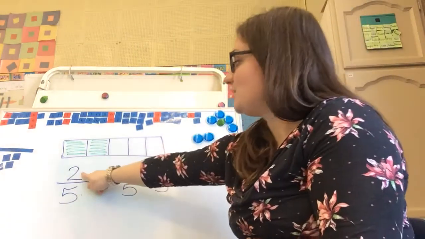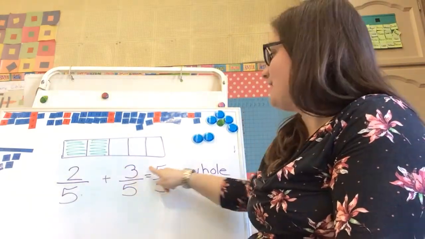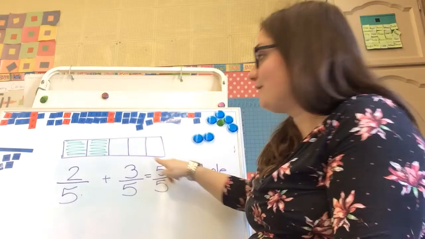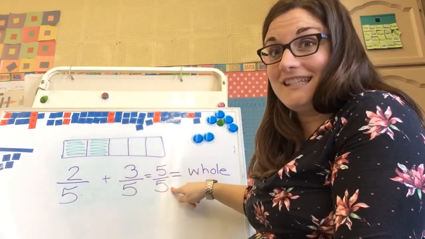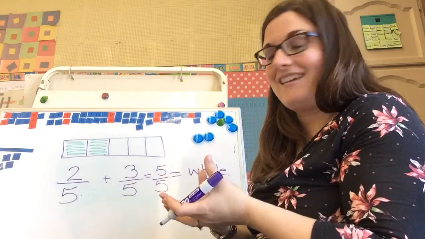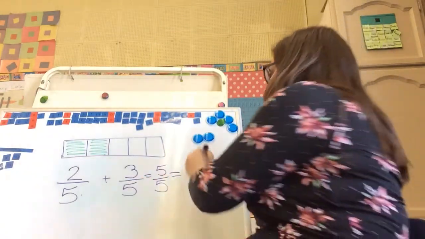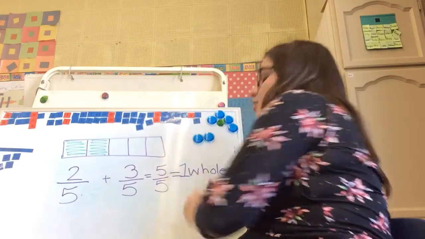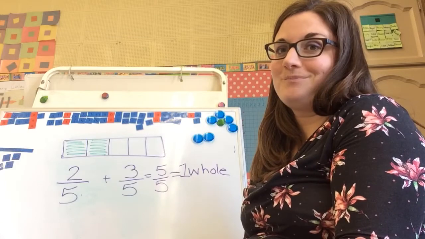So if I add my 2 colored with my 3 parts that aren't colored, I get 5 parts. And if I have 5 out of all the 5 pieces, I have the whole thing. So 5/5 equals the whole, equals 1 whole. So I have the whole chocolate bar.